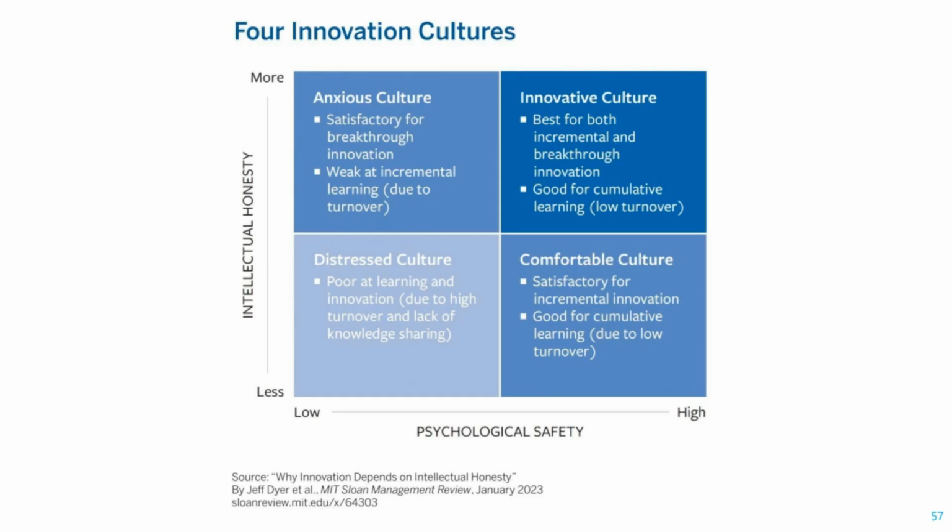And of course, as you see, these are going to be a sort of aggregation of psychological safety and intellectual honesty. So the higher level of intellectual honesty with higher levels of psychological safety will give us an innovative culture, and this type of culture is of course the best for both incremental, so slow innovation.